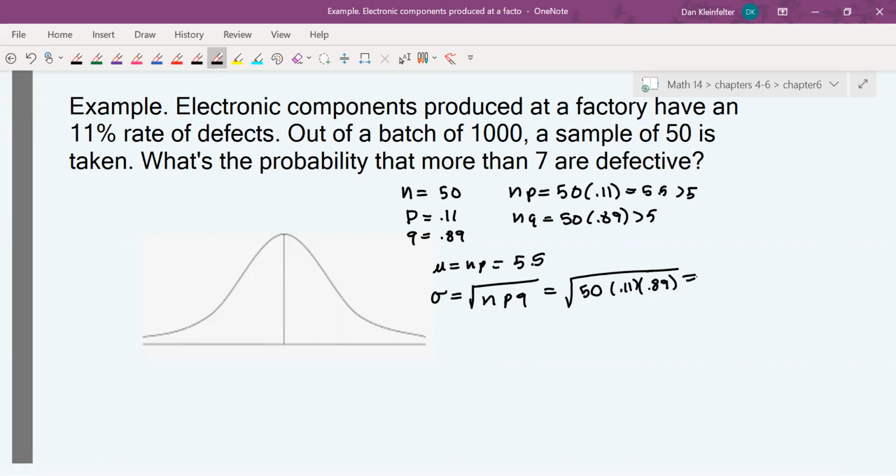So that's about 2.21. Okay, so our mean was 5.5. We wanted to be more than 7. So using our continuity correction, we can't just use a 7 here. It needs to be 7.5.